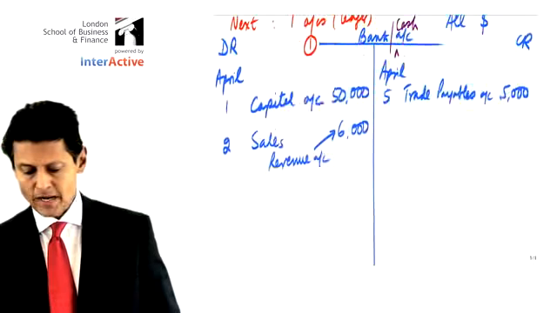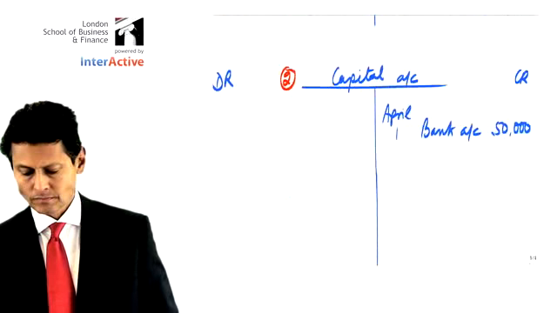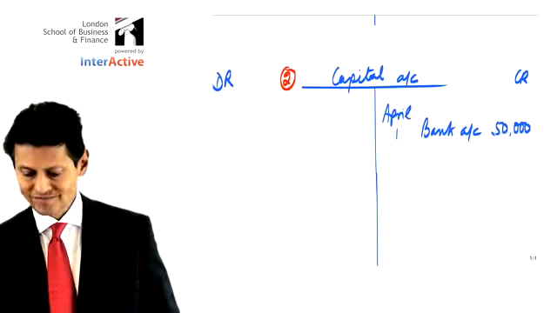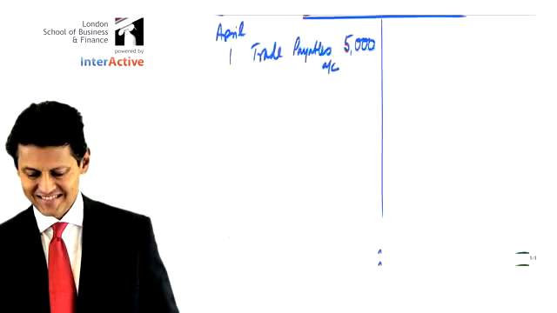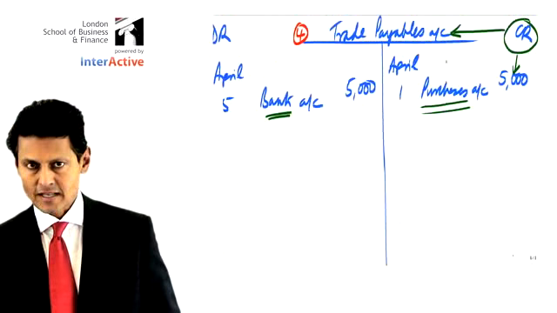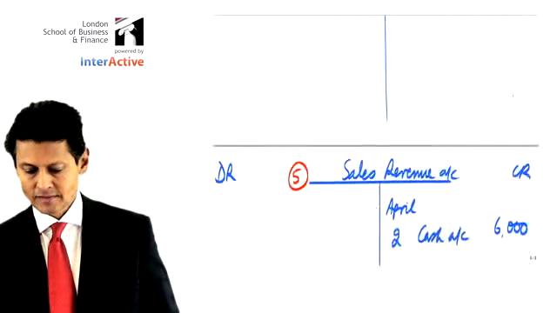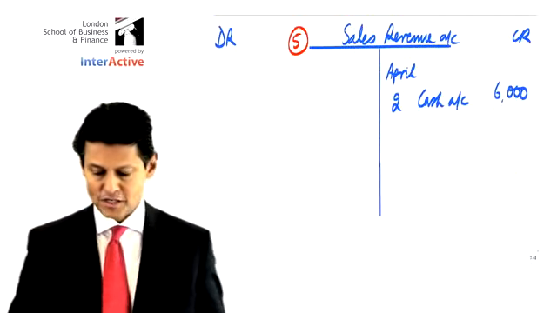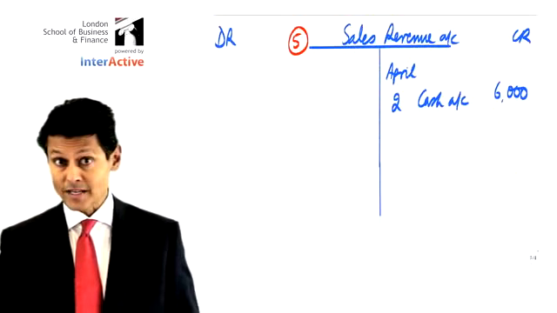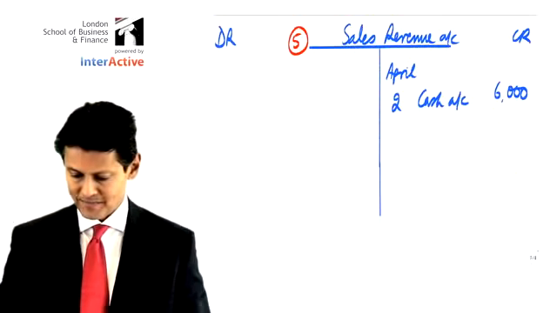Let us do a quick check. 3, 4, 5, 6, 7. Is there an 8? Yes, there is an 8th. So we've got 8 entries for our 4 transactions.